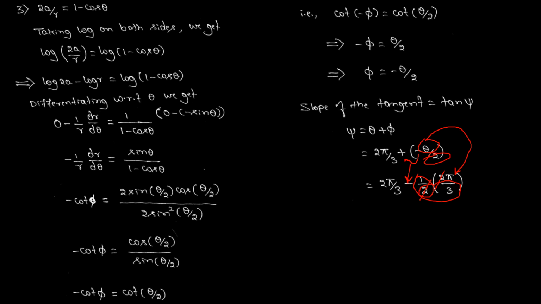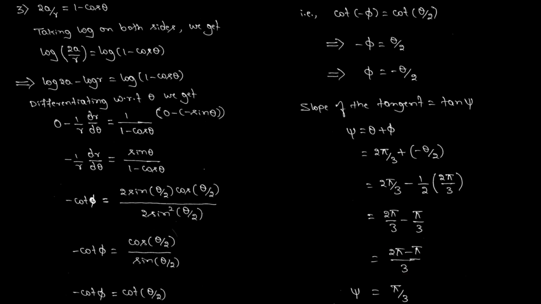What remains is 2 pi by 3 minus pi by 3. Now we can take the LCM. After taking the LCM, 2 pi minus pi by 3. If you further simplify this, you get psi is equal to pi by 3 because 2 pi minus pi is just pi divided by 3 we have.